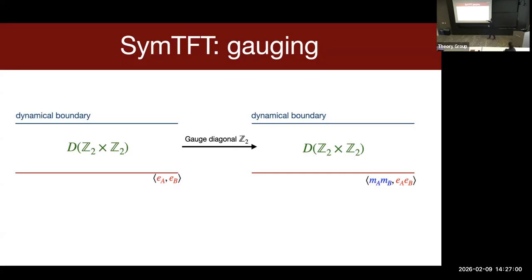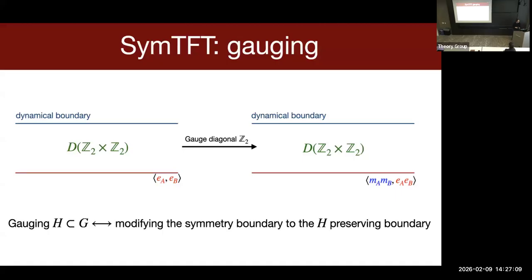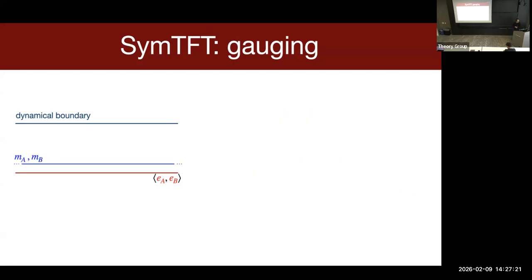That's how I choose this boundary condition for gauging. So if I want to gauge an H subgroup of G, I modify the symmetry boundary to the one which would be the SSB to H.